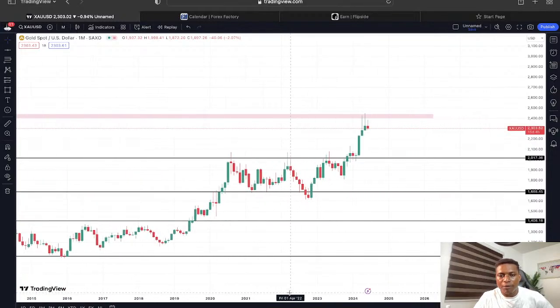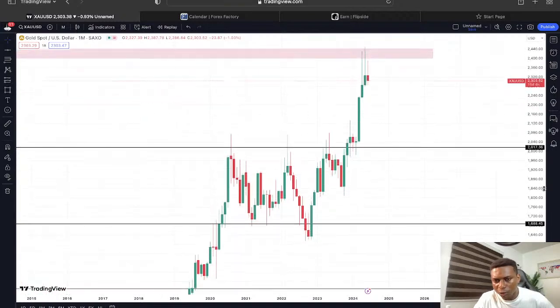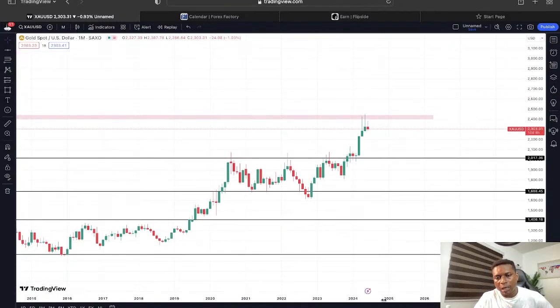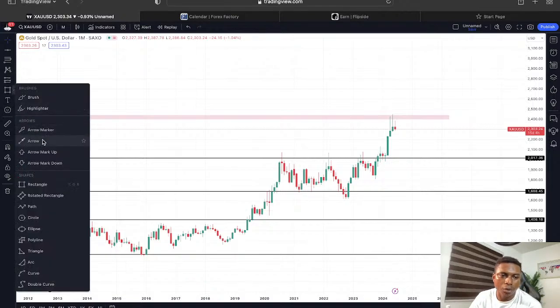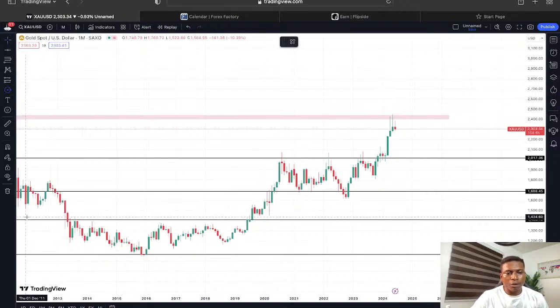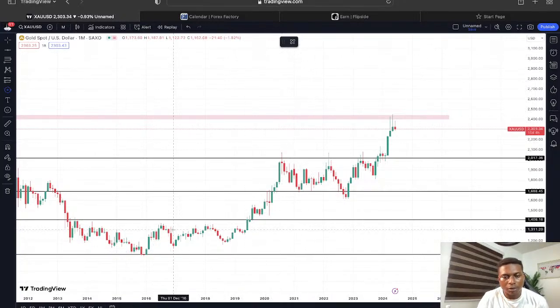Before we go to what is actually going on currently, I want us to take note of something important, and I believe it will be very helpful for you. I've said this times without number, and I'm going to repeat it again for new joiners. Look at this level. Price came here, touched this level.